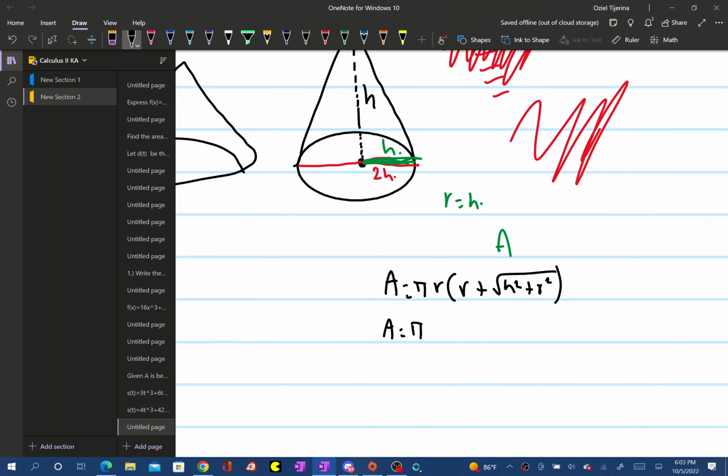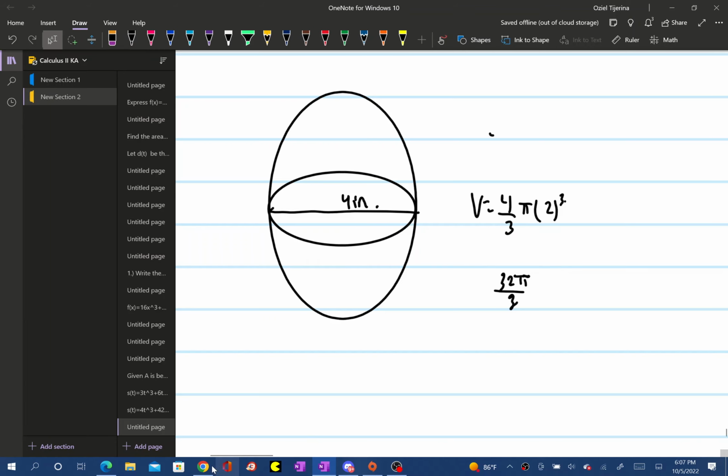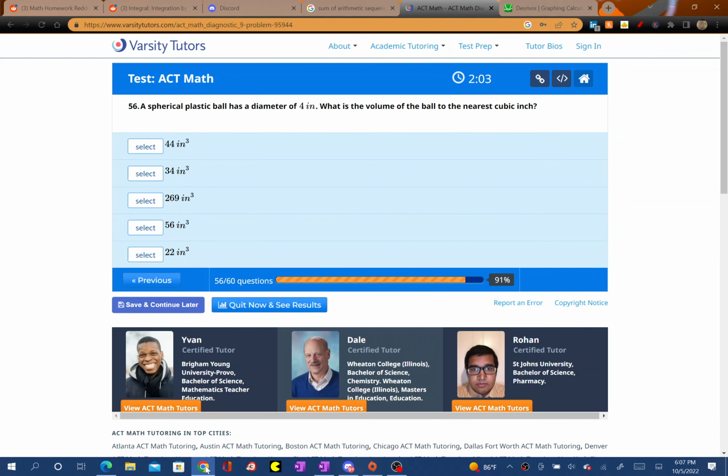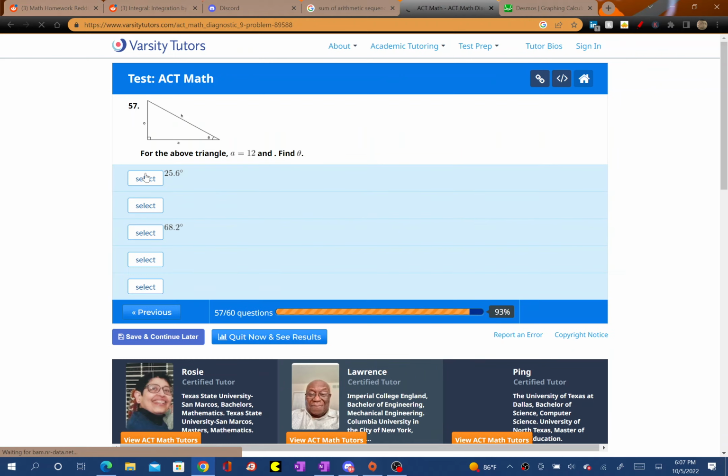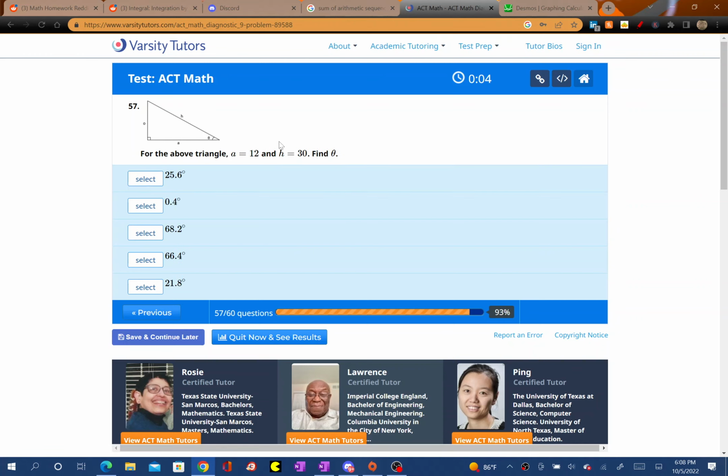So it'd be 4/3 pi times 2 cubed. So it'd be 32 pi over 3, and that is approximately 33.51, so it's like 34 inches cubed. Okay.